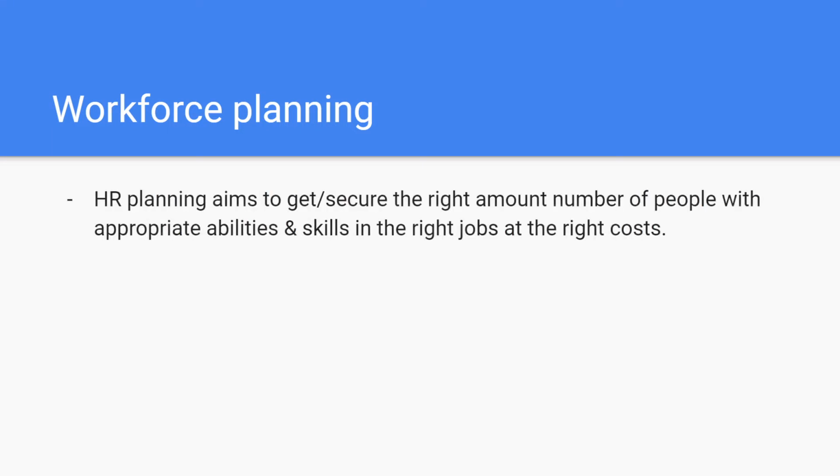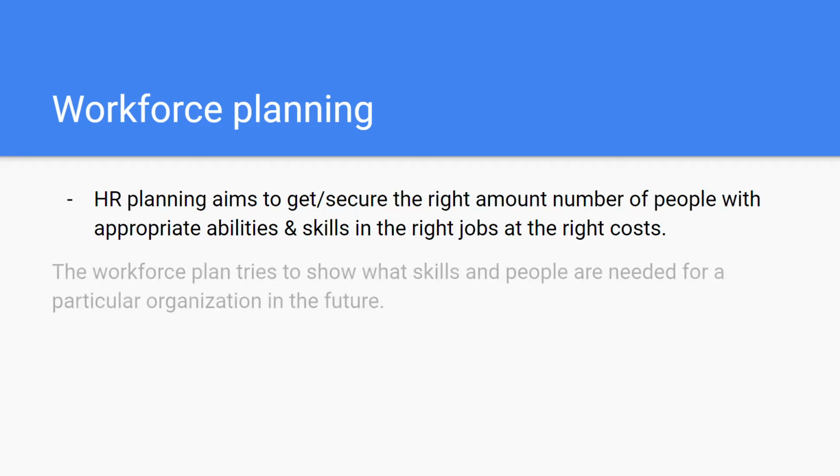About this HR planning. HR planning aims to get or secure the right number of people with appropriate abilities and skills in the right jobs at the right costs. So it basically talks about the labor factor of production, and it's all about human resources, as the name already says.